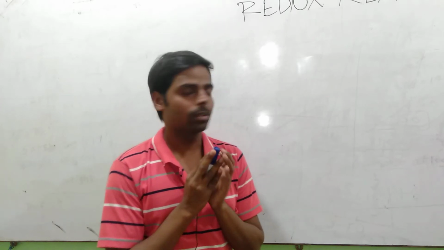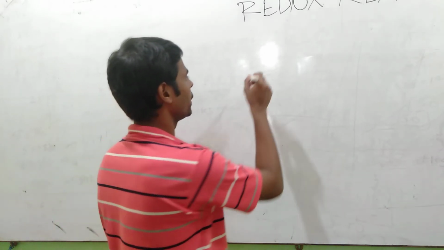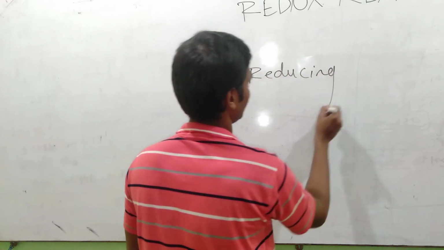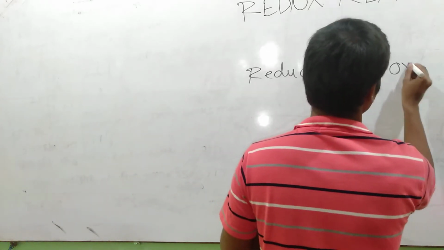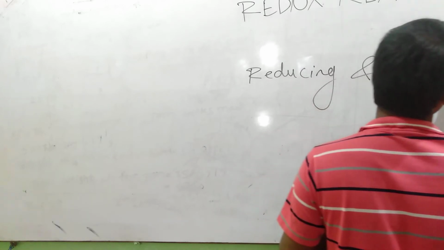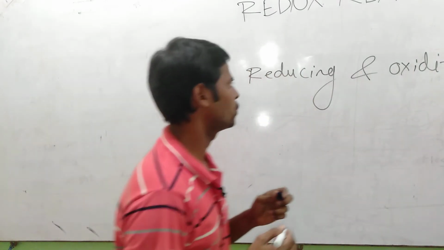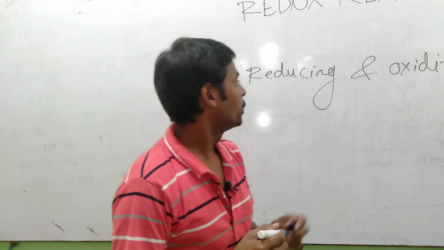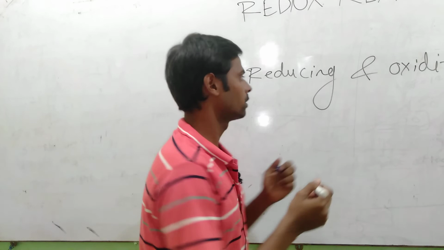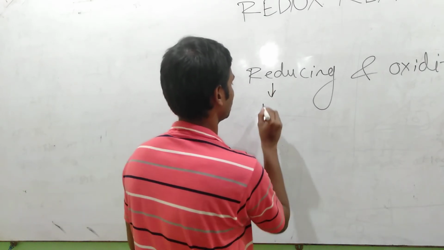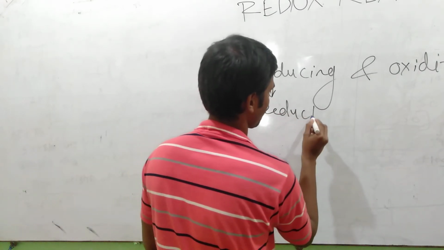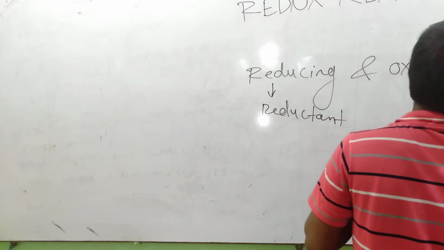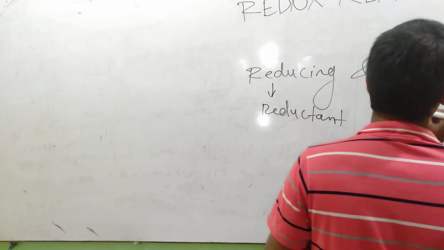If I talk about reducing agent and oxidizing agent, what is a reducing agent and an oxidizing agent? Reducing agent is also called reductant, and oxidizing agent is also called oxidant.